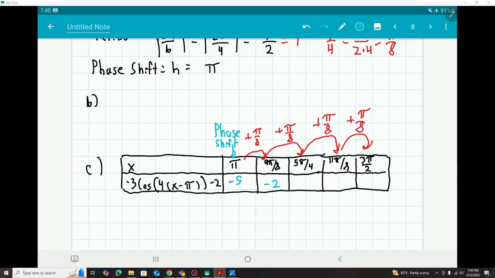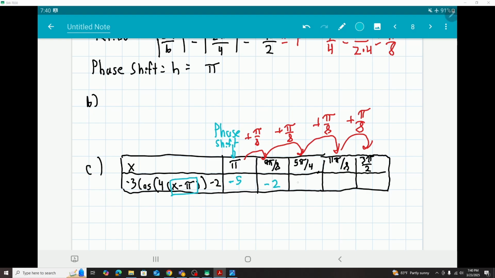Move on to 5 pi over 4. Plug that in here. And again, you could put this in a calculator or use the unit circle. You'll have both on the exam. So I'm just going through it in my head real quick. 5 pi over 4 minus pi is pi over 4 for that blue part. Times 4 gives you pi. Cosine of pi is minus 1. Times minus 3 is a plus 3.